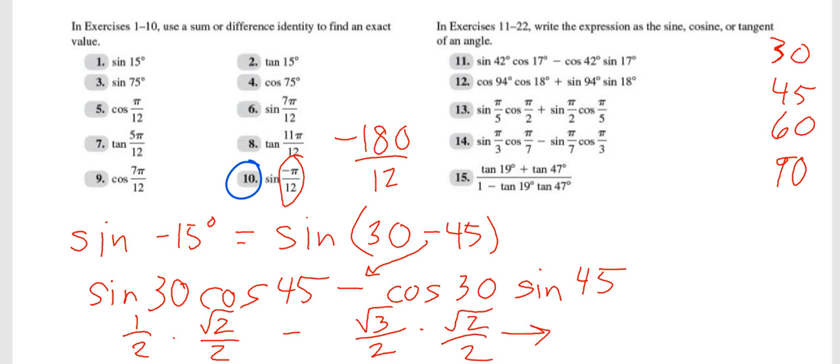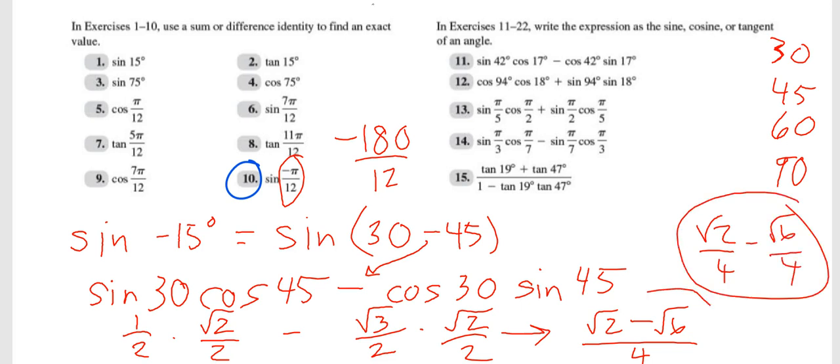Okay, so obviously we should be getting something like radical 2 plus radical 6. Oops, sorry, not plus. Sorry, it was minus, my mistake. All over 4. Okay, that was question 10. Or radical 2 over 4 minus radical 6 over 4 if you prefer, leaving it separated. It's up to you.